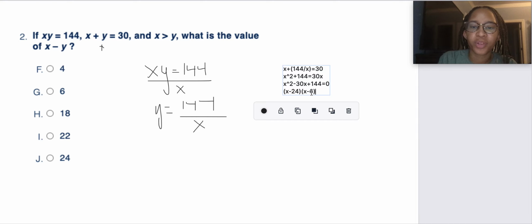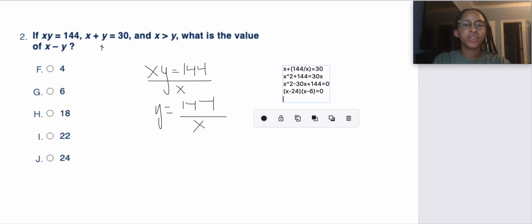Negative 24 plus negative 6 is going to give us negative 30. And then x times x is going to give us x squared. And that's still set equal to 0. So based on this, we know that x equals 24 and x equals 6. So now we have two answers to our original question.